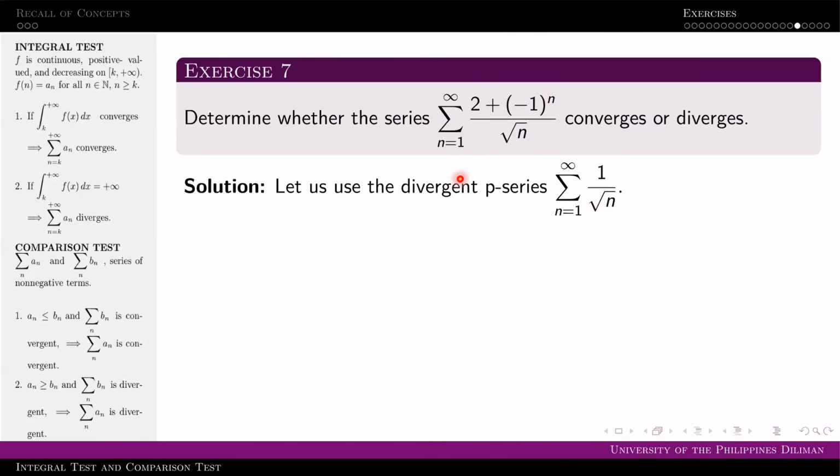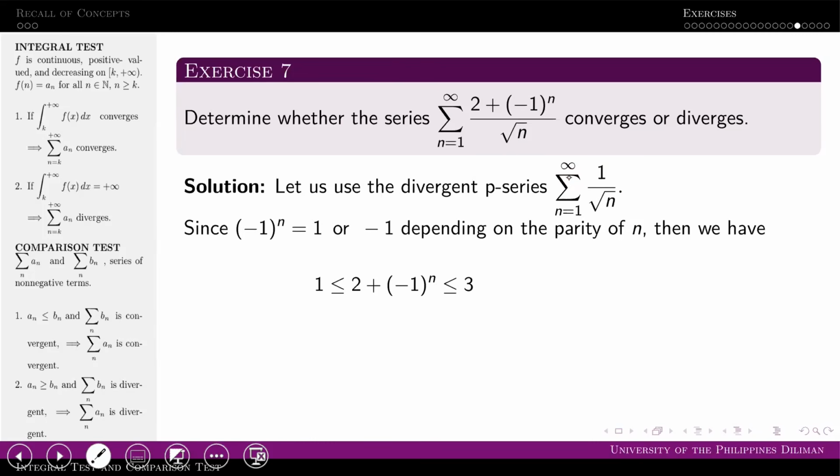We will compare this series to the divergent p-series, 1 over square root of n, from 1 to infinity. So, first, again, alam nating bounded yung taas by 1 or 3. Strictly speaking, equality sila depending on the value of n, pero it's not wrong to say that this 2 plus negative 1 raised to n is between 1 and 3. Pero we're just gonna use this left-hand side. Why?